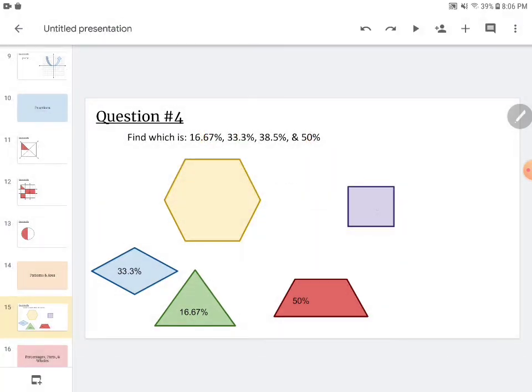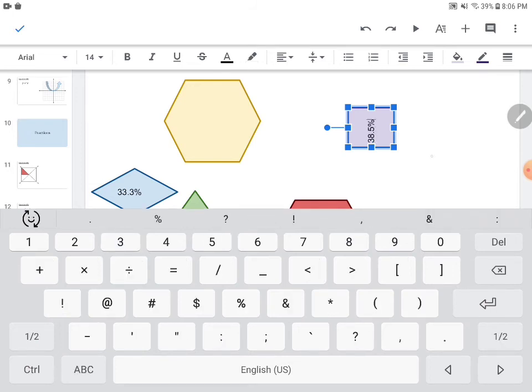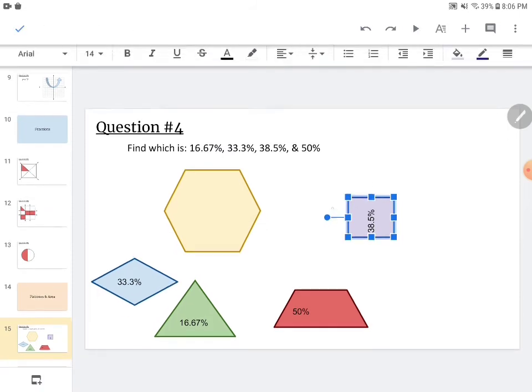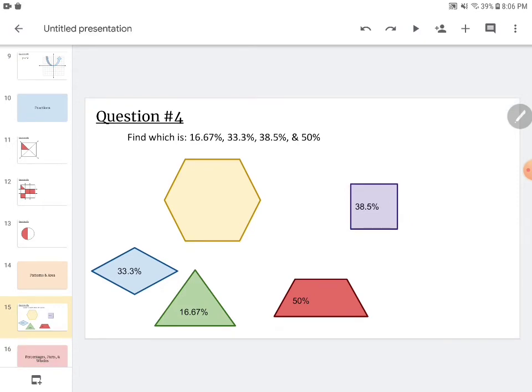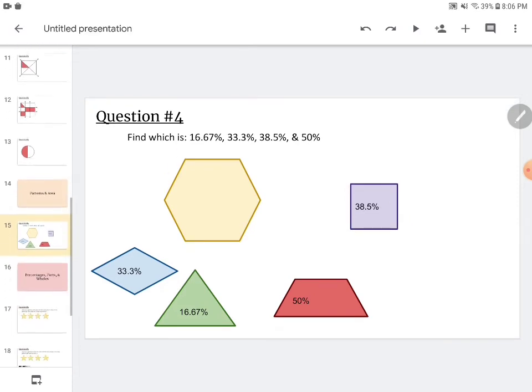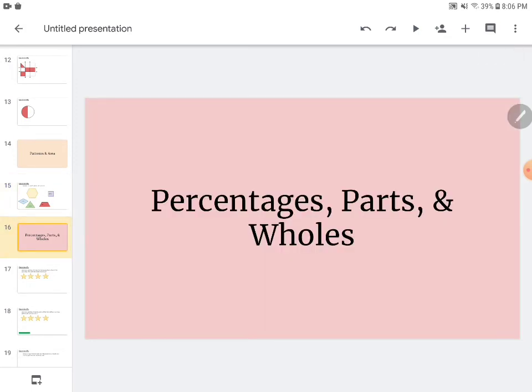So what we're going to do is put 38.5%, and we're going to fix that because apparently my shapes want to be strange today, and that will be the solution for our problem.